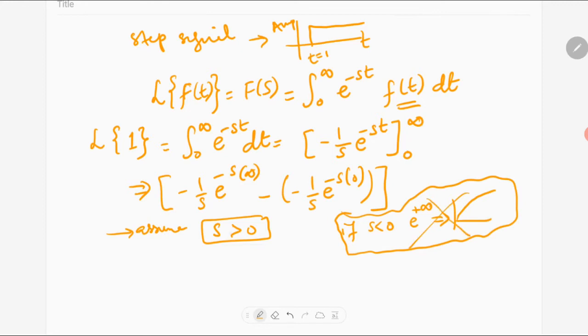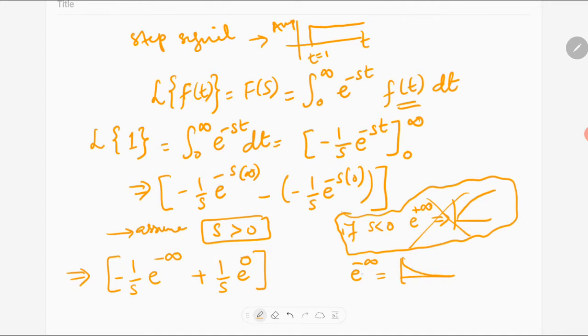So when s is greater than 0, what happens? This will be e power minus infinity, and this will be minus and minus plus, and it will be 1 over s e power minus 0, and whatever it is, e power minus infinity will be 0.